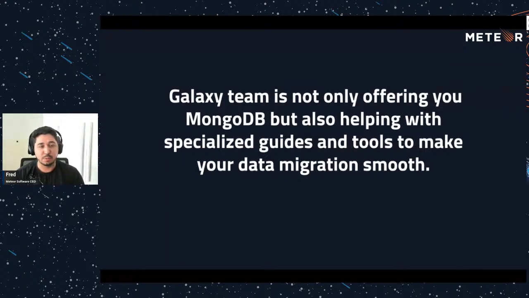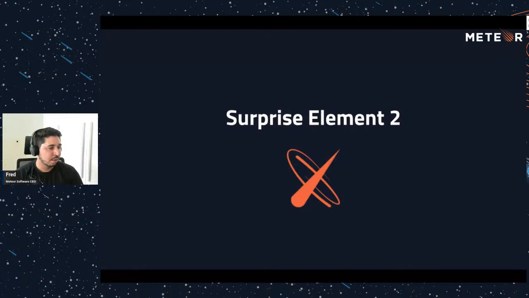And we're also creating tools. There's a tool already that we made available for our customers that requested MongoDB, where they can just run a Docker machine and basically migrate their data from their current provider to Galaxy DB. So this is something really good that we're doing as well.